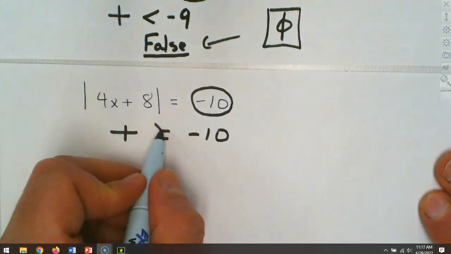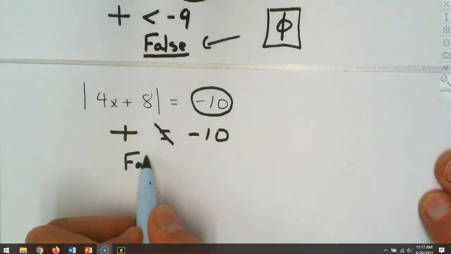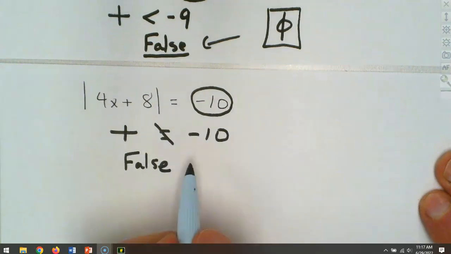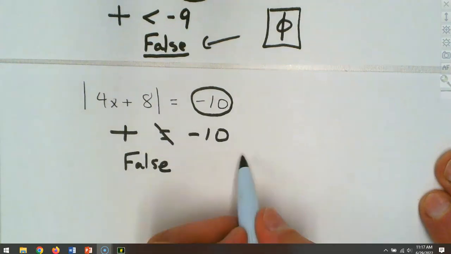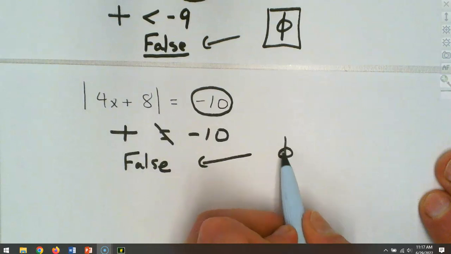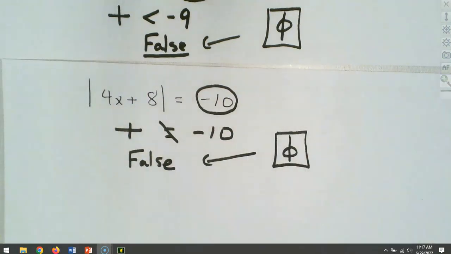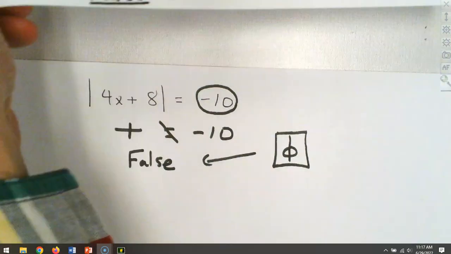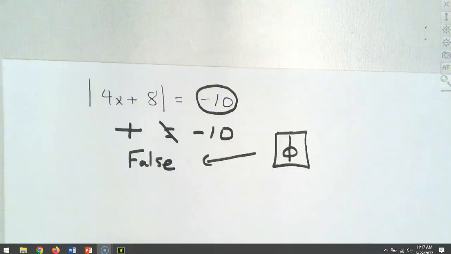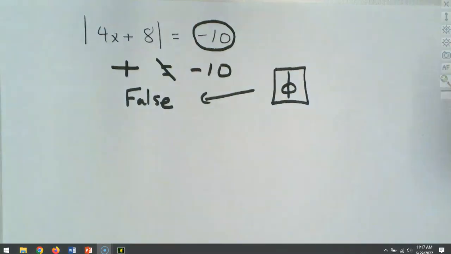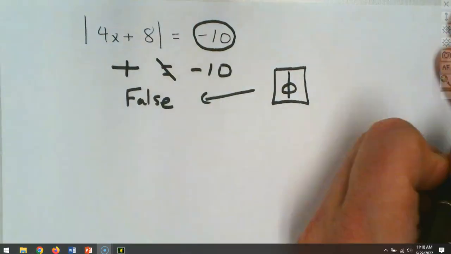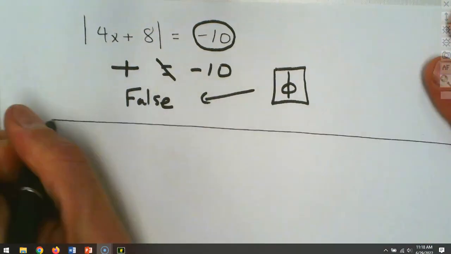No. So this one is false. And if it's false, that means no solution. There are a lot of these in your homework. We're going to do a couple more just to make sure we have these down, because they're very important, very easy, and there's some on your exam.